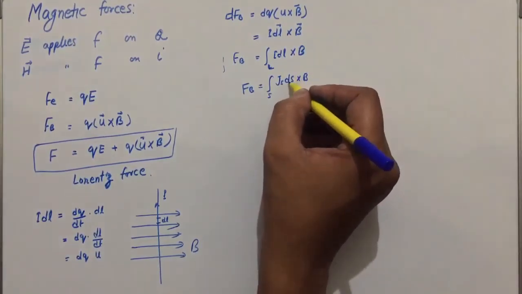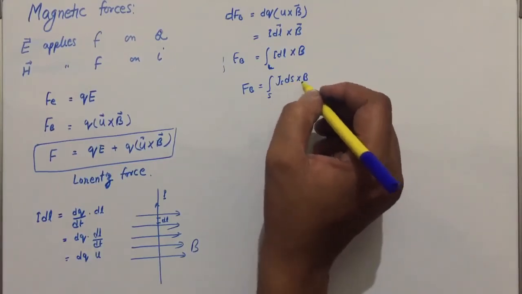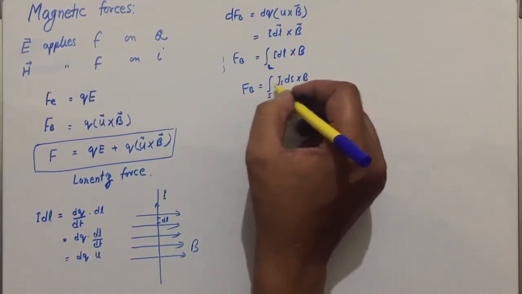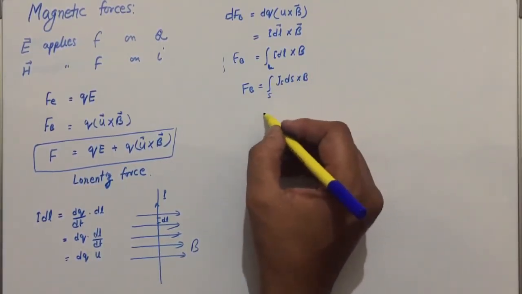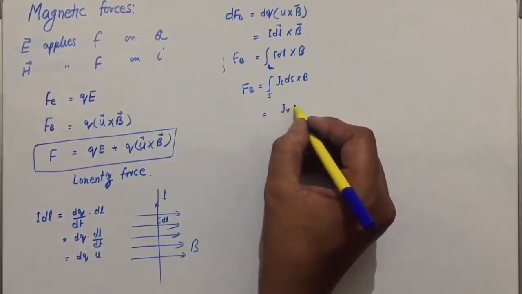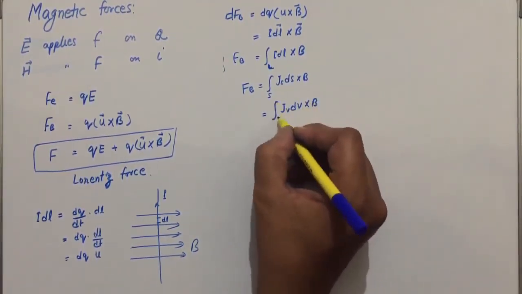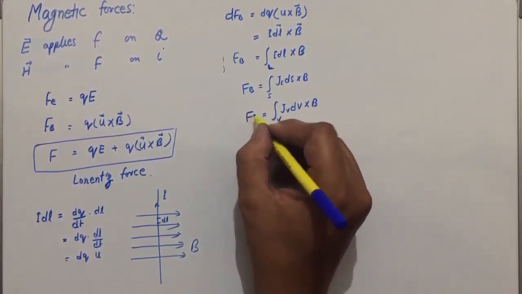And if it is volume current, then we will write Jv dV cross B for the volume integral.